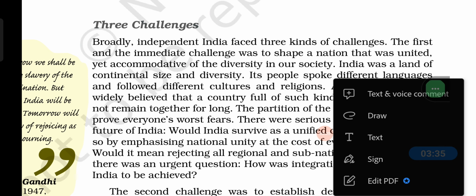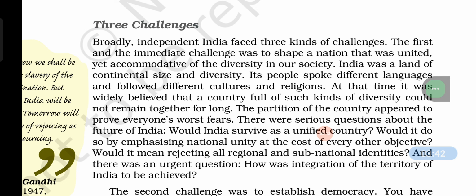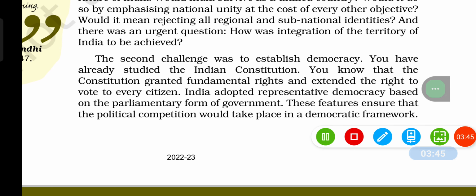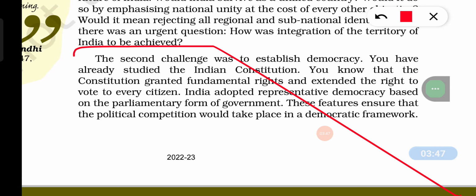After fulfilling the first challenge, India faced the second challenge. What is it? The second challenge is very critical, but it was also met with the help of democracy. The Indian constitution granted fundamental rights and extended the right to vote to every citizen.